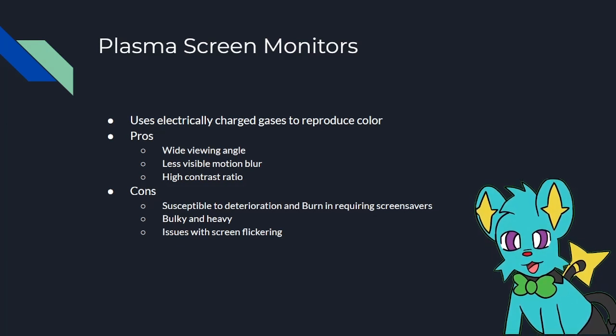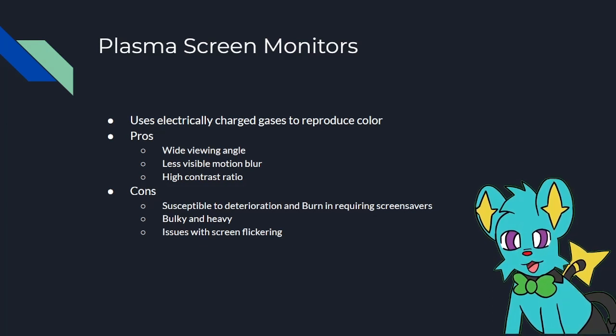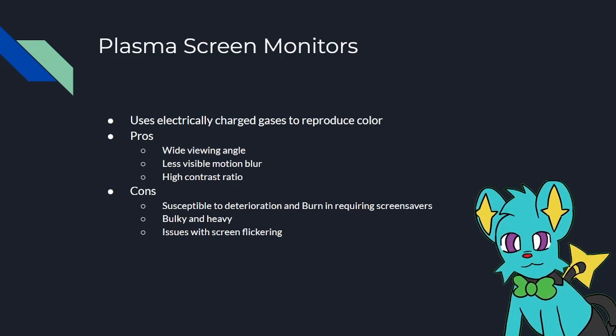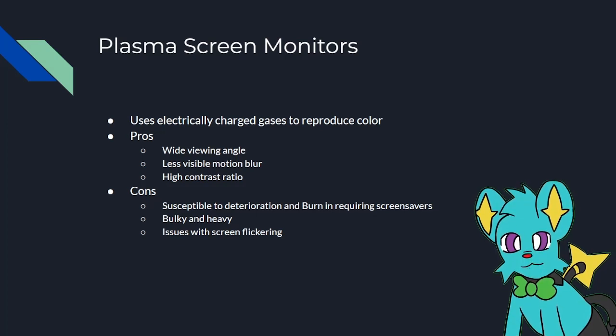So that is why you need screensavers for certain monitor types like a plasma screen, because if you don't have a screensaver, whatever you were last doing will be burned into the monitor and you will always see that forever. Another issue is that they have issues with the screen flickering because of the charged gases. It makes the screen flicker, and that can be disorienting or problematic for some people. And they're big and heavy and hard to carry around.